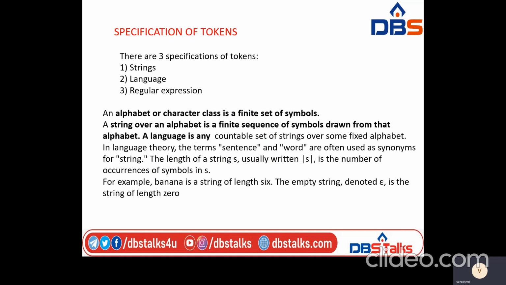First of all, string, then what a language is, and then what a regular expression is. An alphabet or character class is a finite set of symbols. A string over an alphabet is a finite sequence of symbols drawn from the alphabet.